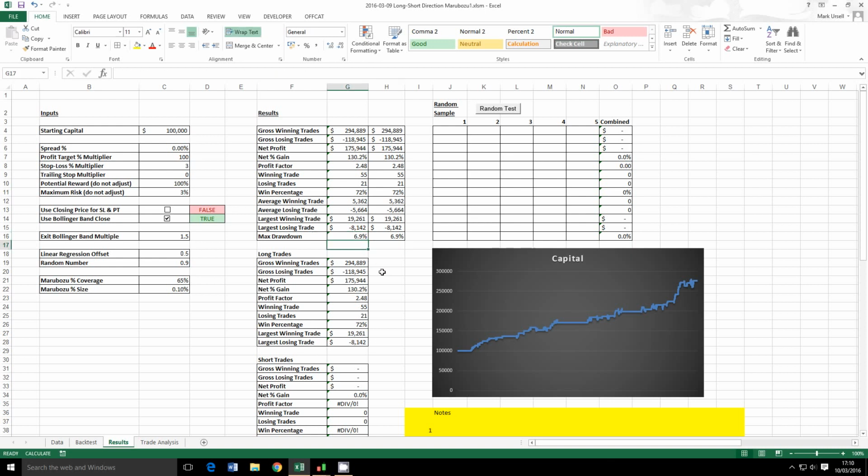Now I said at the beginning, we've got some results here, but how can we be sure that these results came from our entry trigger and aren't just being caused by, well, probably by the entry filter? Well, one way that we can test this is to use random entry.